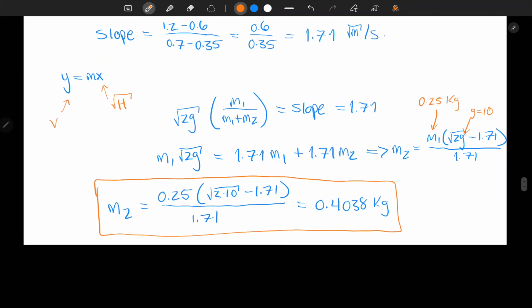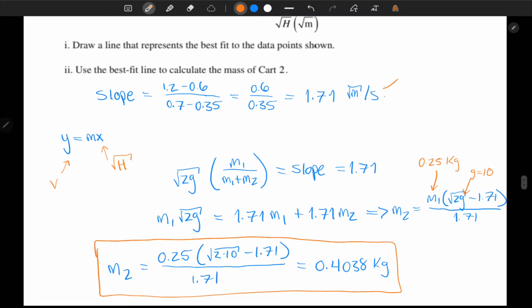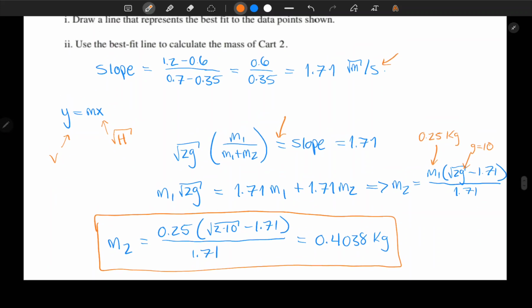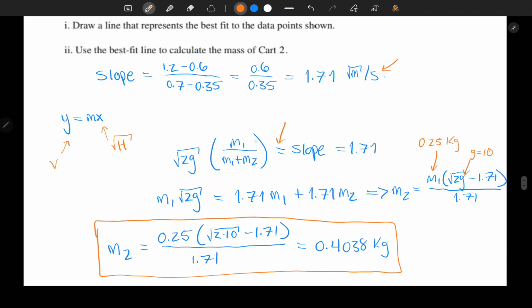As a note, students here get 1 point for the correct slope, so 1.71 approximately. Next, students get 1 point for this equality here, noting that the square root of 2g times m1 over (m1 plus m2) is equal to the slope.